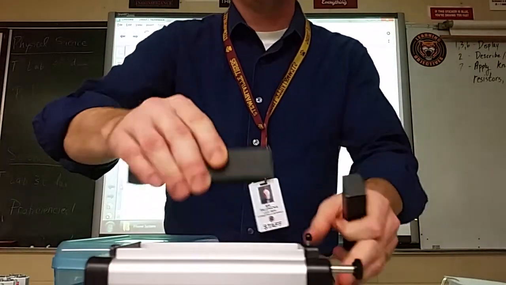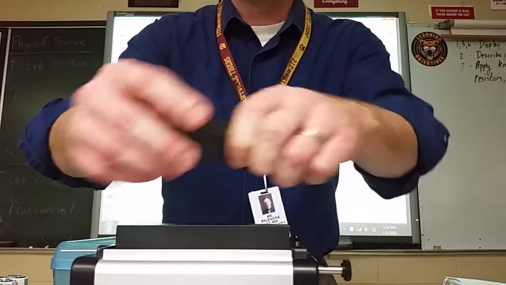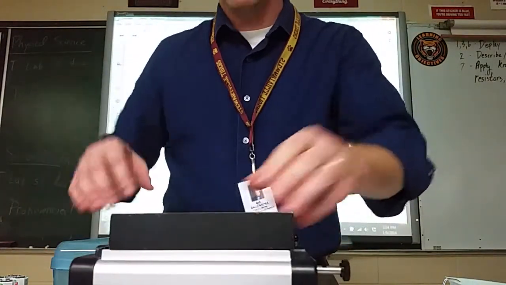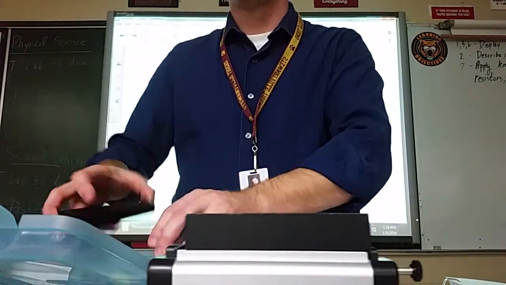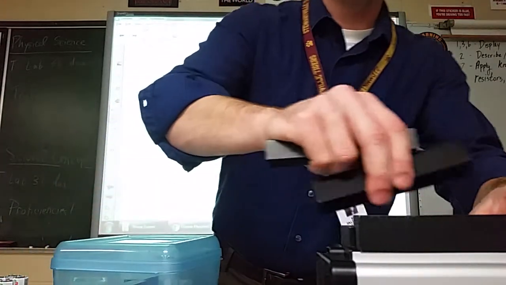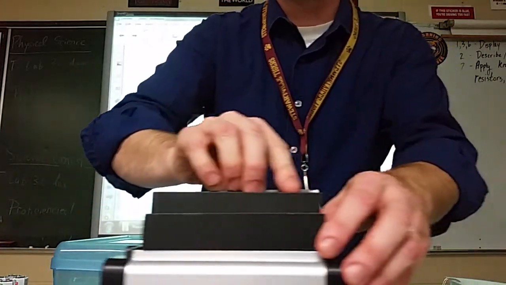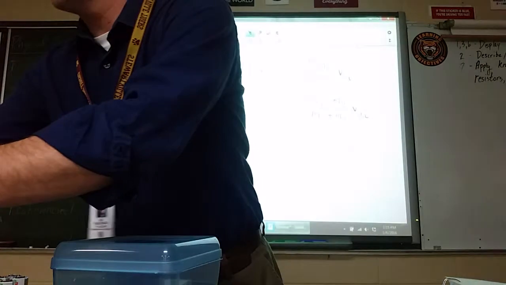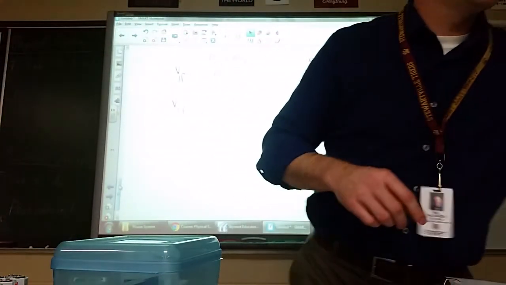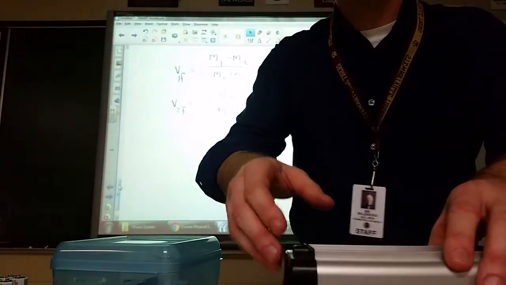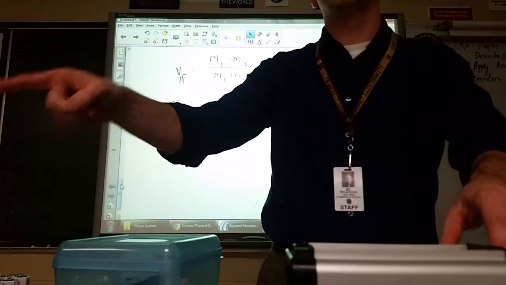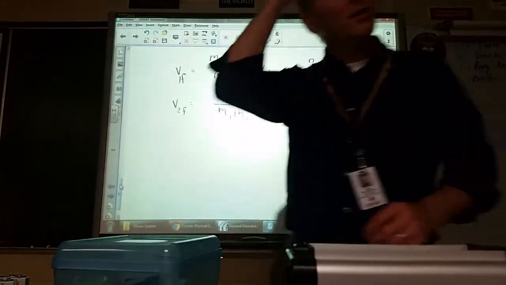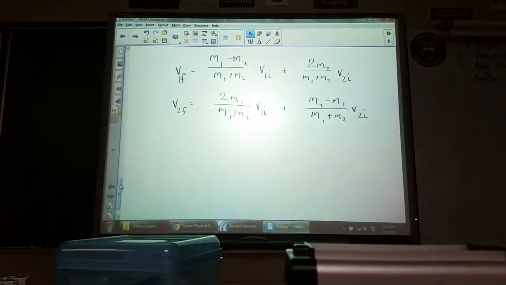So the mass of cart 1 coming in is going to be much greater than cart 2. Cart 2 is still not going to be moving. So take a moment with someone next to you. Predict, what do you expect to see for the 2 velocities of these carts afterwards, with mass 1 being much, much greater than mass 2, and velocity 2 starting out as 0?